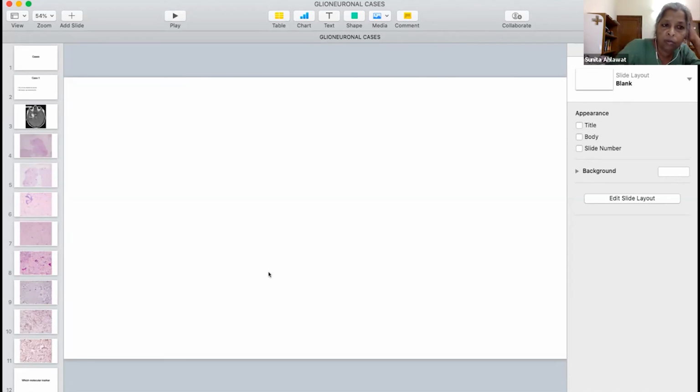So radiological information and speaking to the neurosurgeon is very important. Most of the neurocytomas are intraventricular, and oligodendrogliomas don't occur in the ventricle.